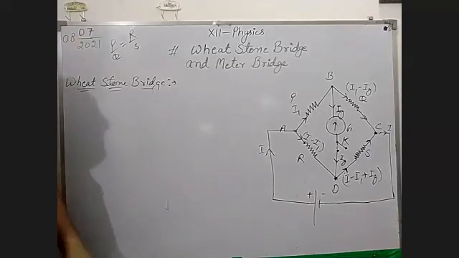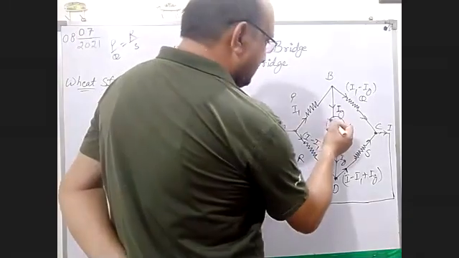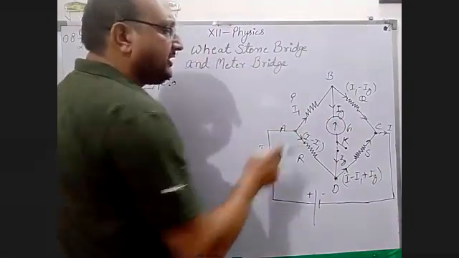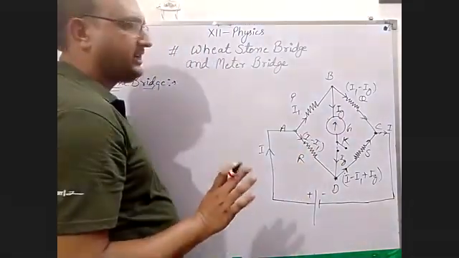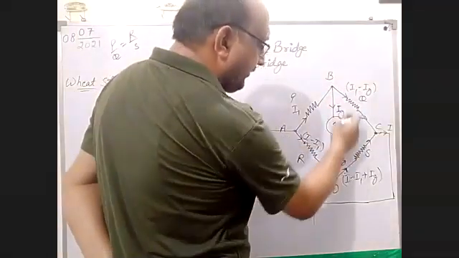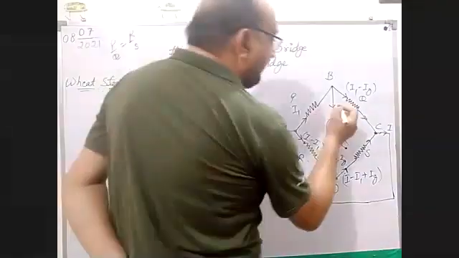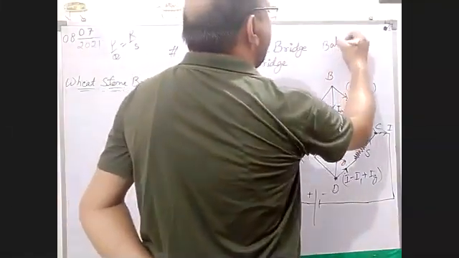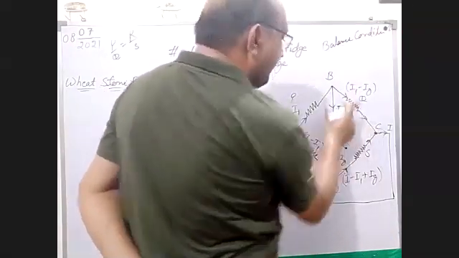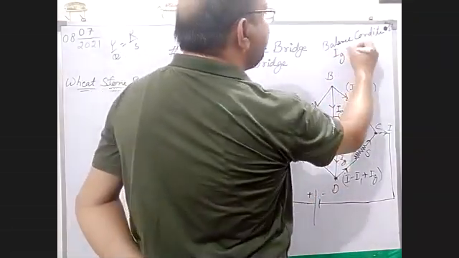Whenever the condition is balanced, look at this figure. When a current I is at point A, it divides into two parts. And after that, at B, Ig flows through this galvanometer. But the balance condition is that when no current flows through the galvanometer section, Ig is equal to 0.